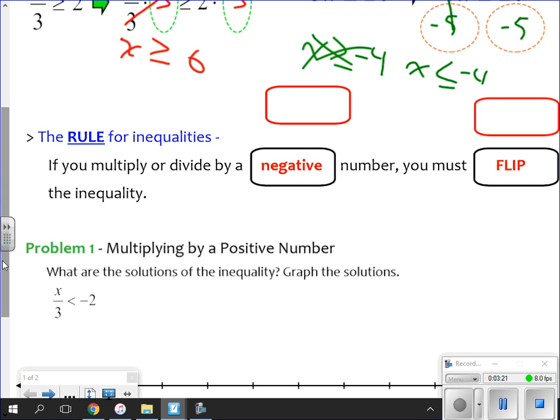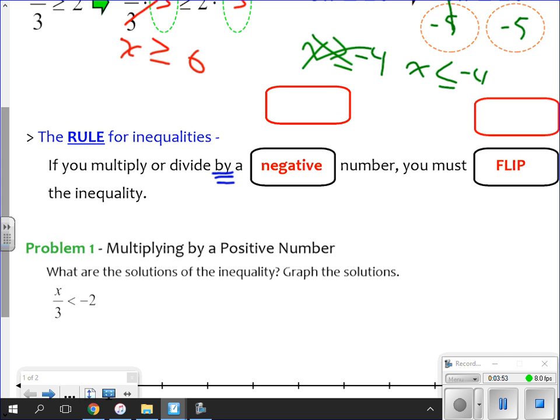The most important word in this sentence is a little two-letter word: by. It's divide or multiply by. It's the thing you are doing to both sides. If that's negative, then you flip the sign.